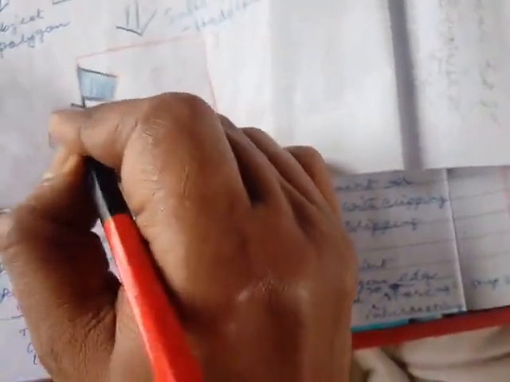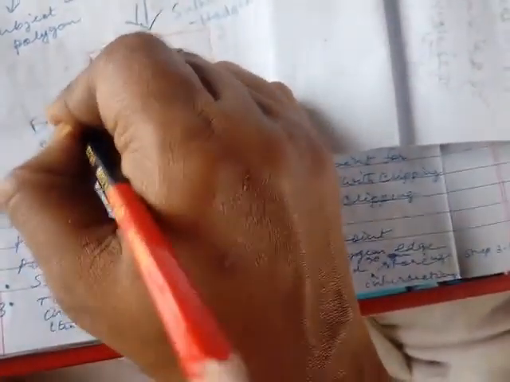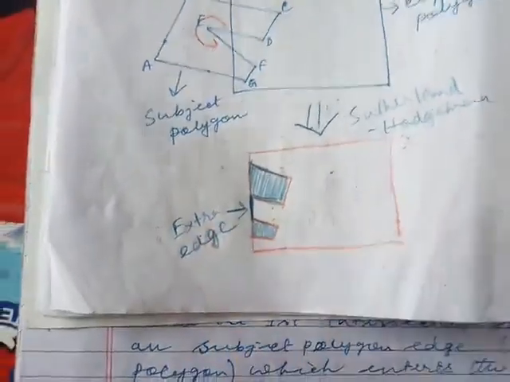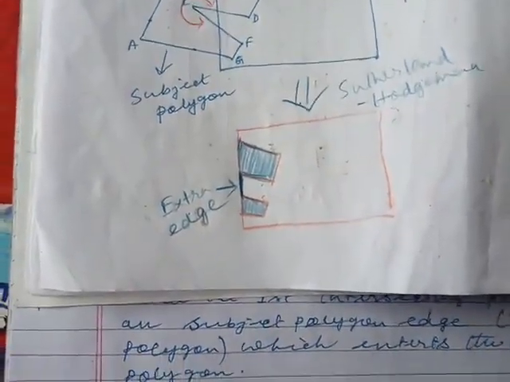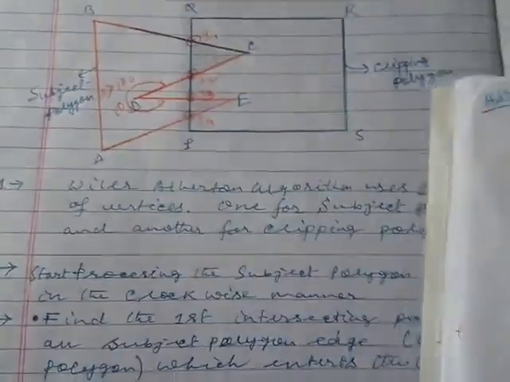These extraneous edges are actually the limitation of the Sutherland-Hodgman polygon clipping algorithm. Now, to overcome this problem, the Weiler-Atherton polygon clipping algorithm has been proposed.